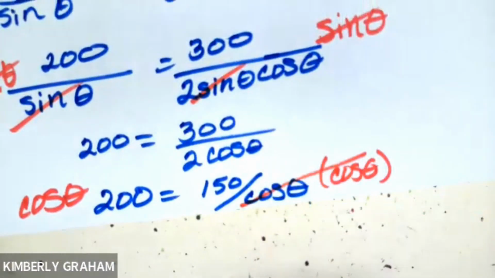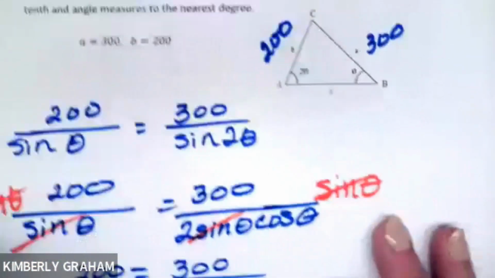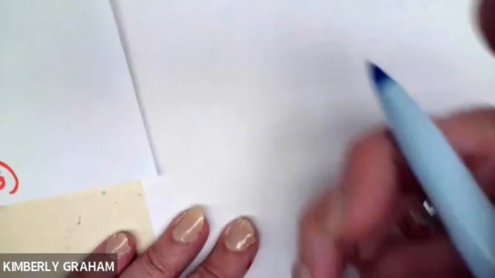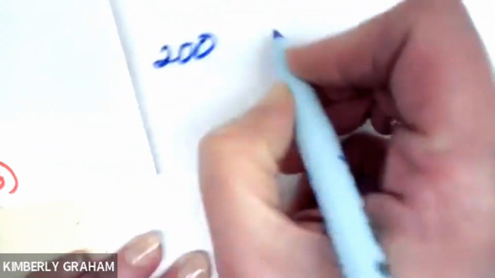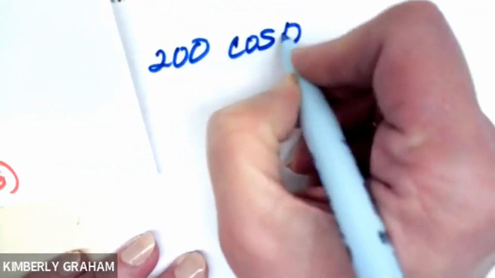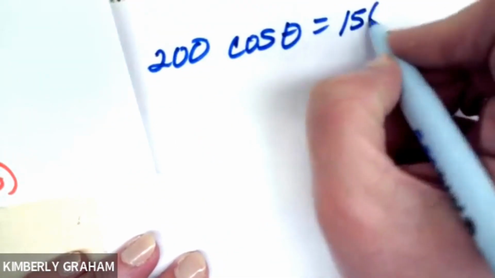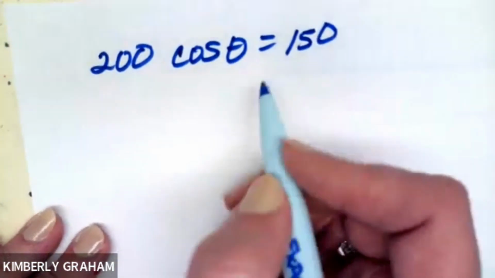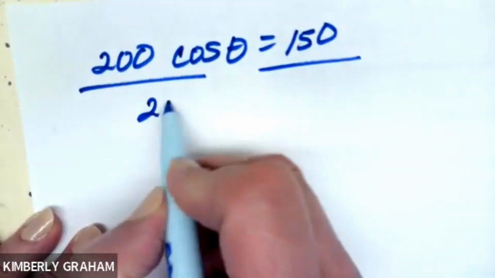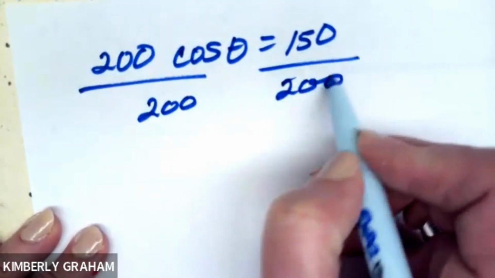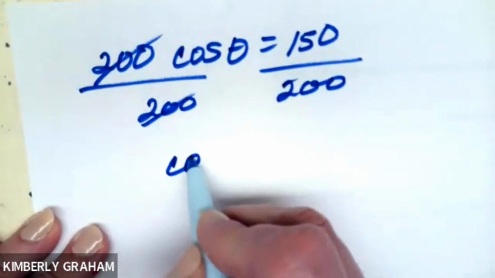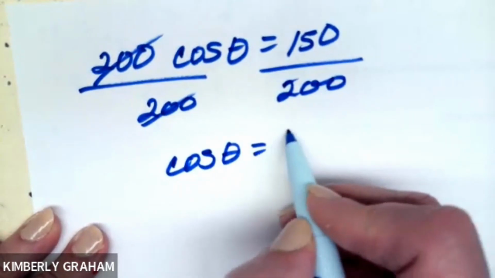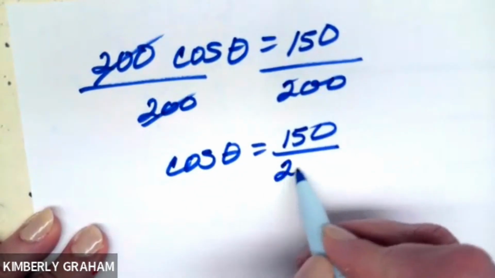I'm running out of room. Go to the paper here and write down what I have. I've got 200 cosine theta equals 150. What I would do from here is divide both sides of my equation by 200. So I have cosine theta equals 150 over 200.